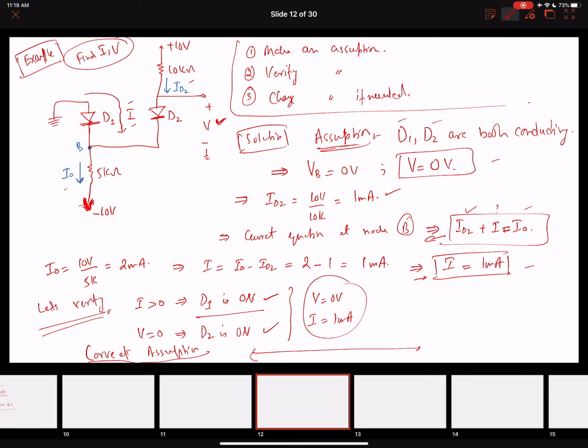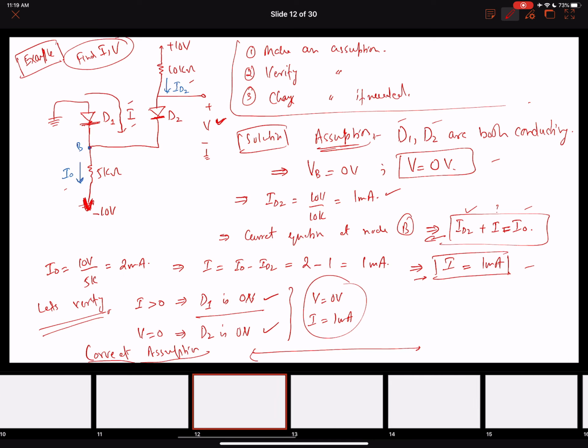Now I'm going to do another example in which we are going to make an assumption and find out our assumption is incorrect, and then we are going to make another assumption and verify that one. All right, so let's do another example.